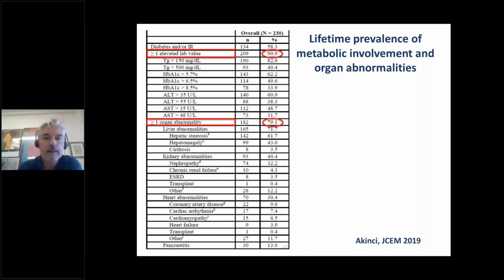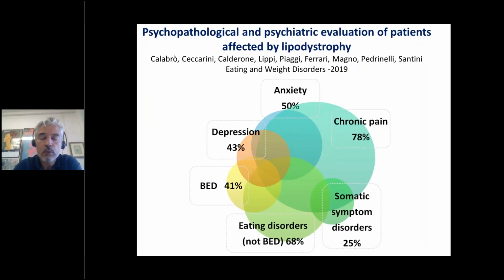So this clearly tells that at the time of diagnosis, some kind of comorbidity has already developed and is progressing. I would like to stress the important aspect of the mood disorders, sense of well-being, and chronic pain, as I said earlier, which is frequently reported.